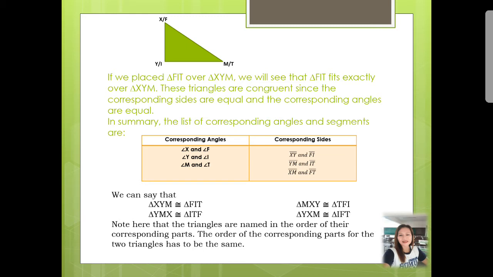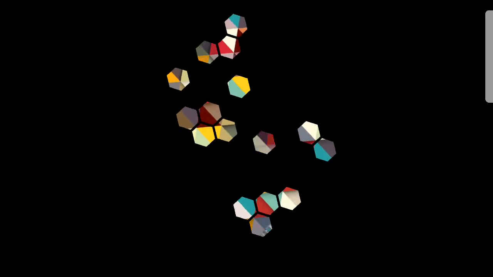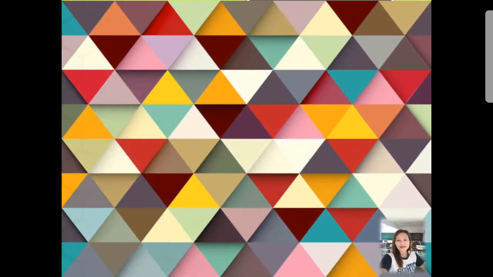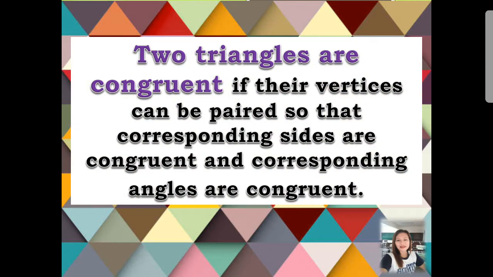Note here that the triangles are named in the order of their corresponding parts. The order of the corresponding parts for the two triangles has to be the same. Two triangles are congruent if their vertices can be paired so that corresponding sides are congruent and corresponding angles are congruent.